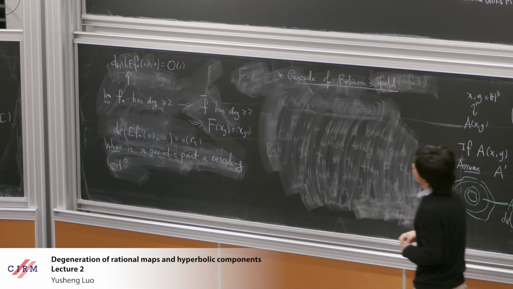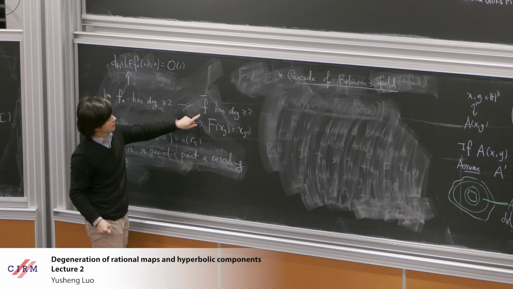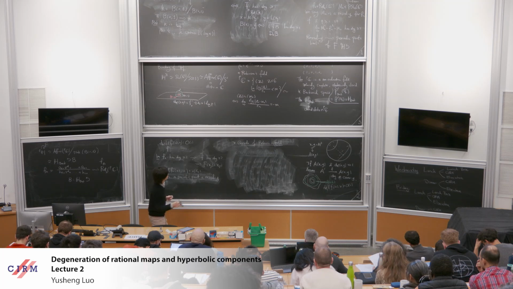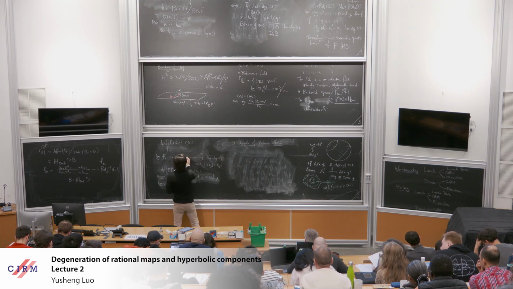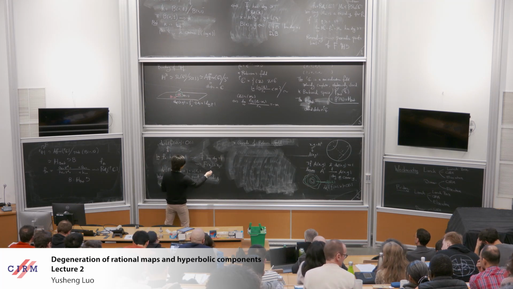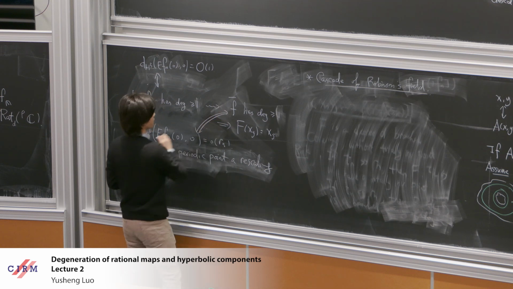So here, for simplicity, let me just assume the reduction has degree greater than or equal to 1, then everything is just going to be an if and only if statement. So this happens if and only if this, and this happens if and only if this.